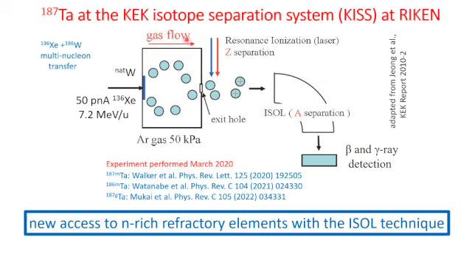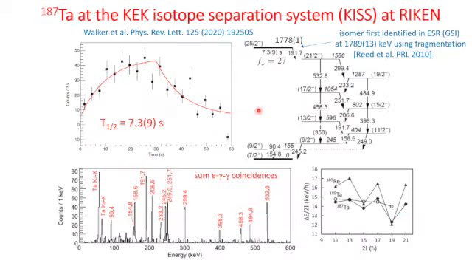This was really the first time an isotope separator type of system has given access to neutron-rich refractory elements. And so we tried this to look for Tantalum 187, and this worked extremely well. So here's a gamma ray spectrum.